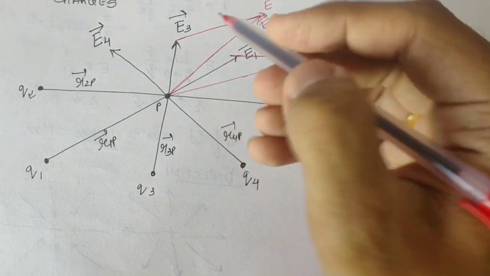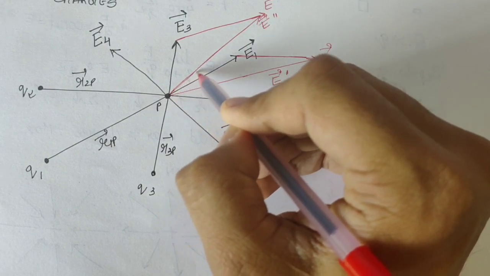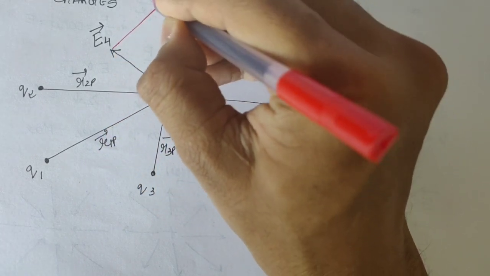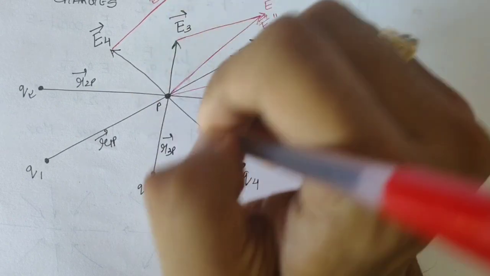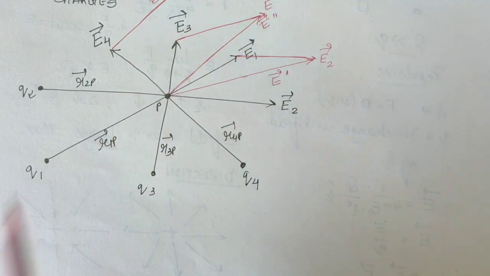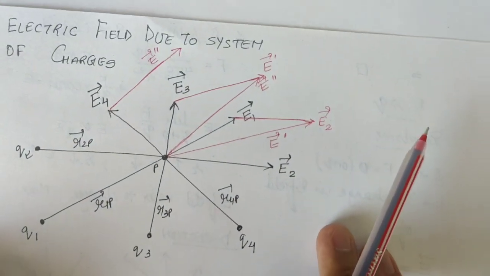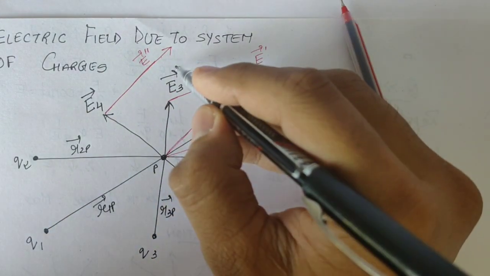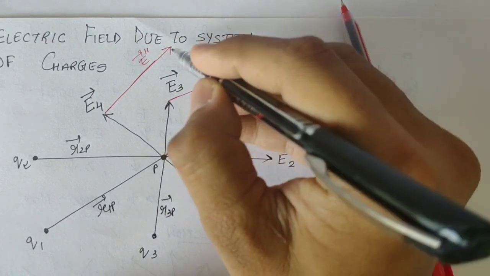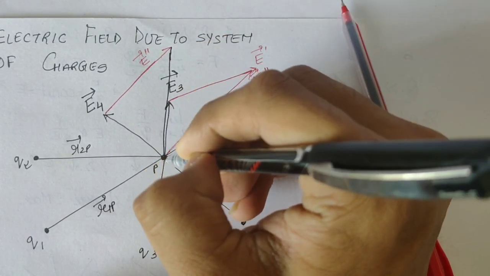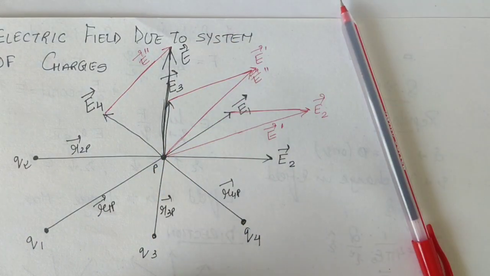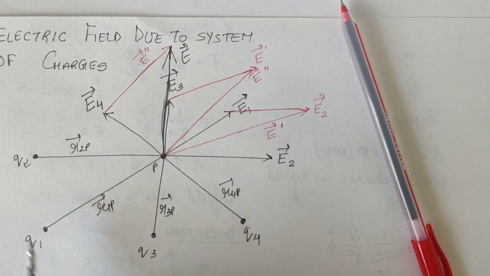So take E4. Take again the parallel of E double dash, starting from the head of E4. So this is the resultant electric field direction, E. The resultant electric field direction of Q1, Q2, Q3 and Q4 is in a slightly upward direction.